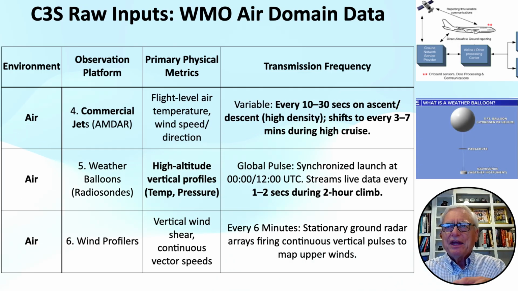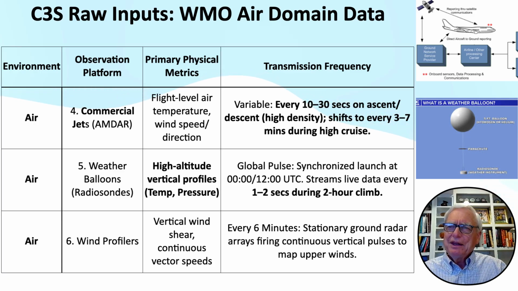And so you have the air domain, and here you have, as we talked about before, most of the major commercial airlines, and then the freight airlines like UPS and Federal Express, etc. They basically have monitors in them, and they record information like temperature at different air levels, wind speeds, directions, and things like that.